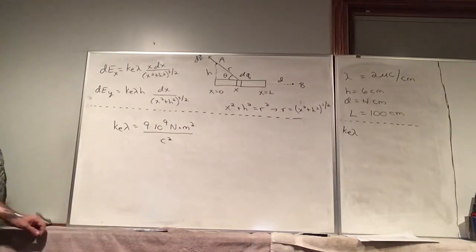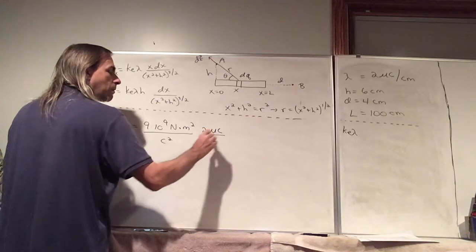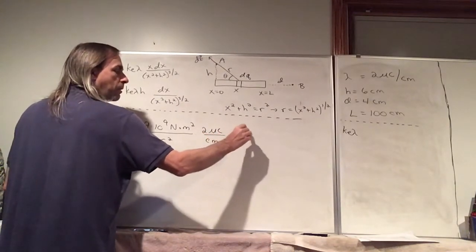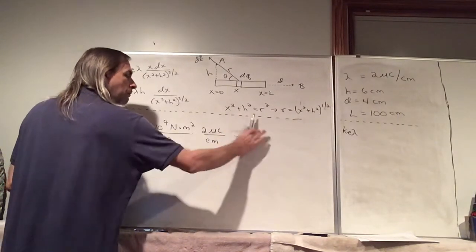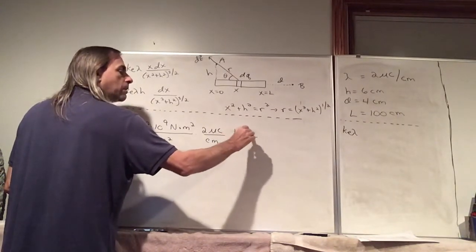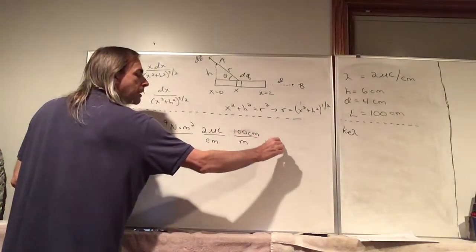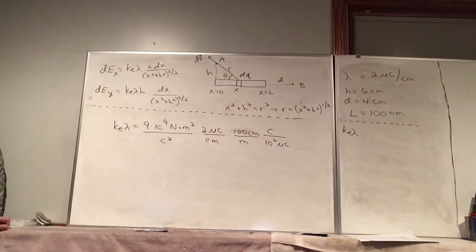And then lambda is 2 microcoulombs per centimeter. So let's convert this to basic SI units. 100 centimeters is a meter, and 10 to the 6 microcoulombs is 1 coulomb.